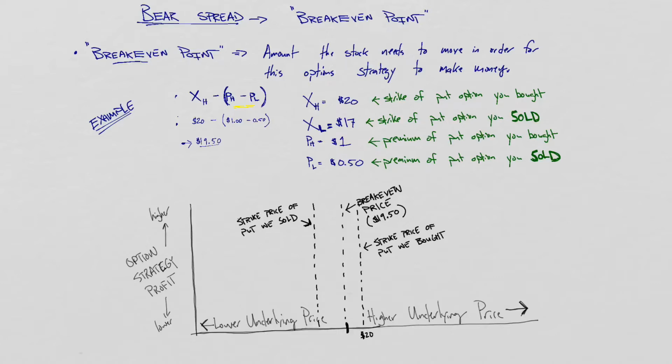And those two dotted lines, these vertical lines here, the strike price of the put we sold and the strike price of the put we bought, these will cap the range of outcomes that we can experience for this option strategy.